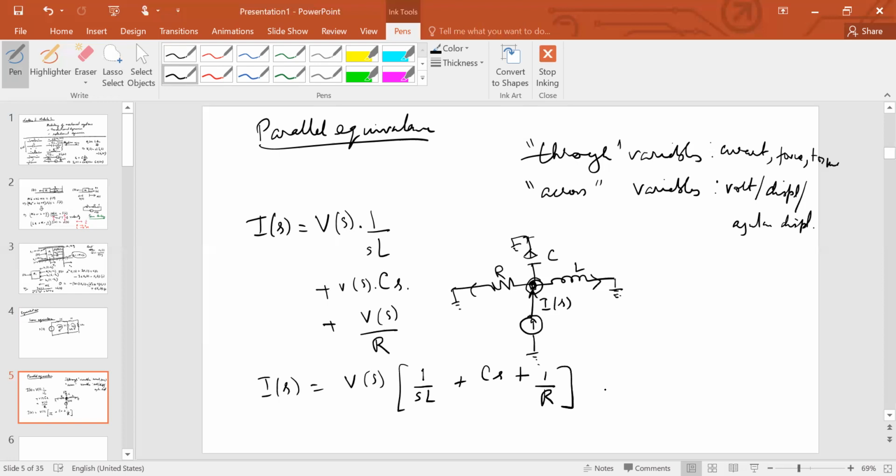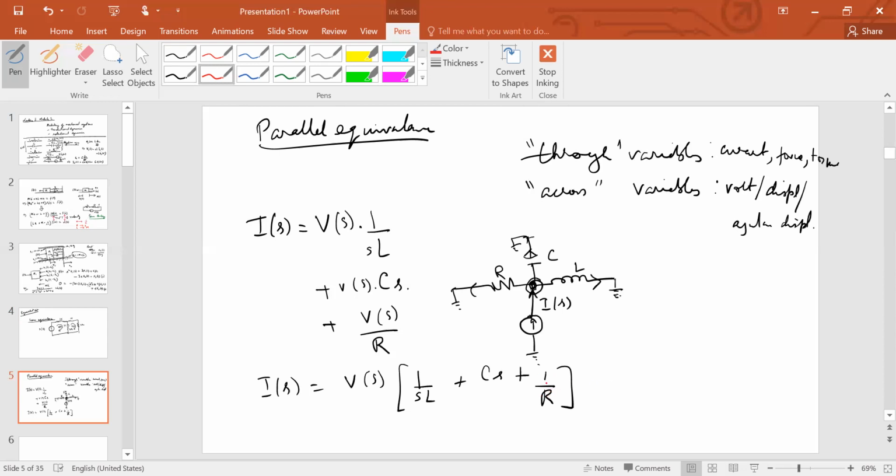If you now compare this to the mechanical system that we have derived, you will see that the analogs have now changed. How so? How have the analogs changed?